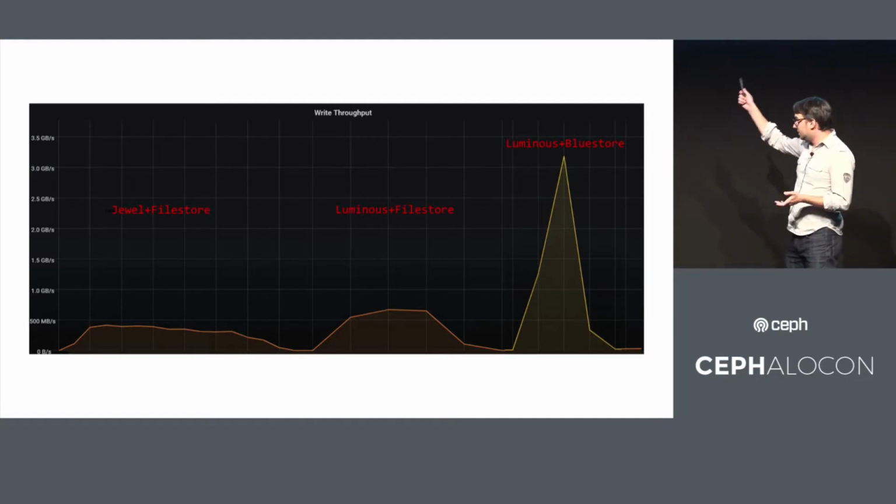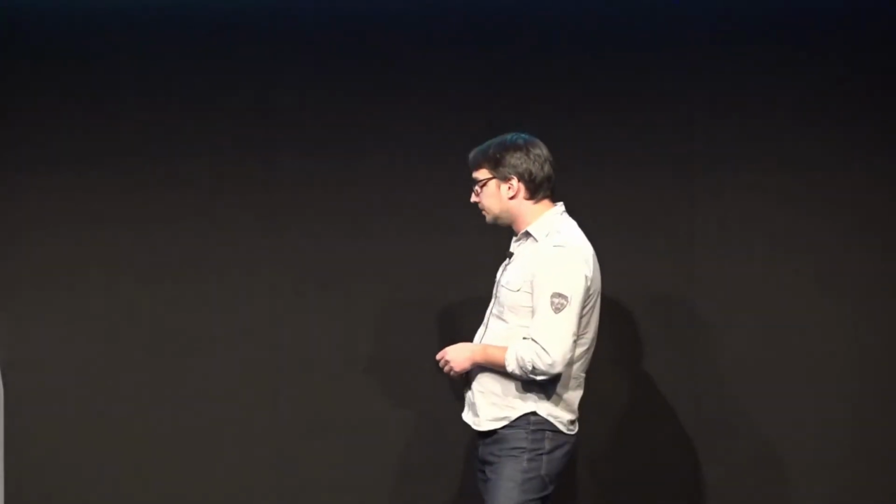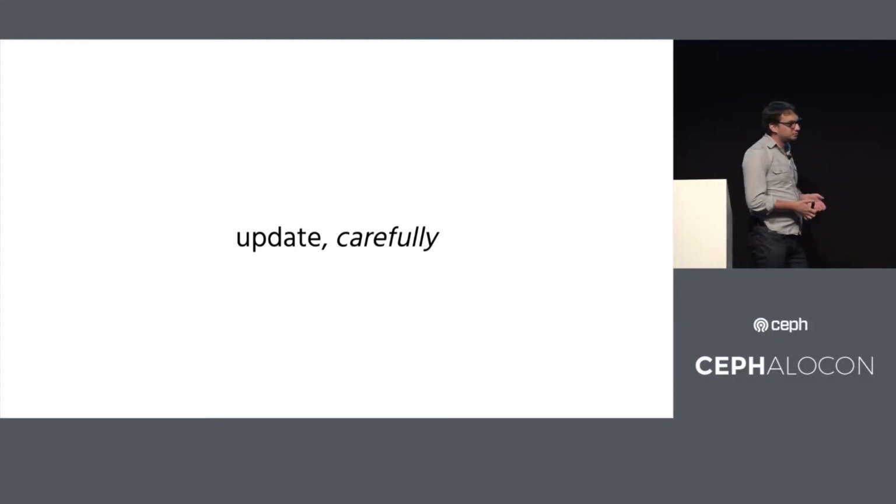Just upgrading from Jewel to Luminous, we nearly doubled our write throughput on the job. Just a simple upgrade. And then, of course, we made the change from FileStore to BlueStore, and that happened. So, upgrade, but do it carefully.